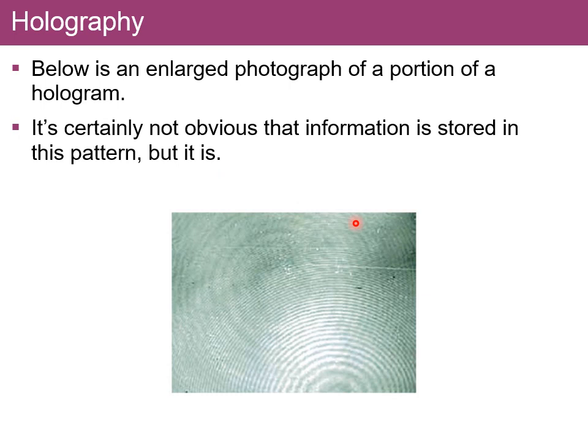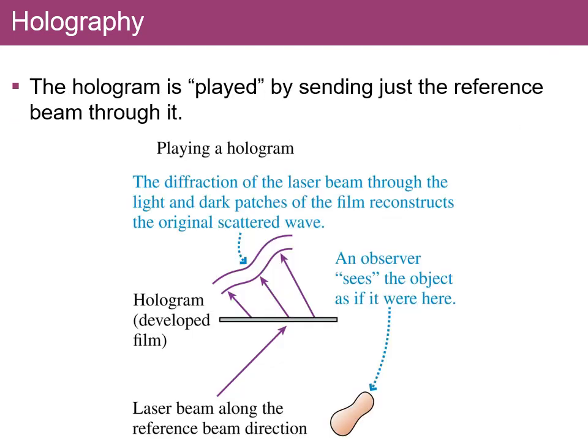Below is an enlarged photograph of a portion of a hologram. It's certainly not obvious that information is stored in this pattern, but it is. The holographic image is recovered by sending the reference beam through it.